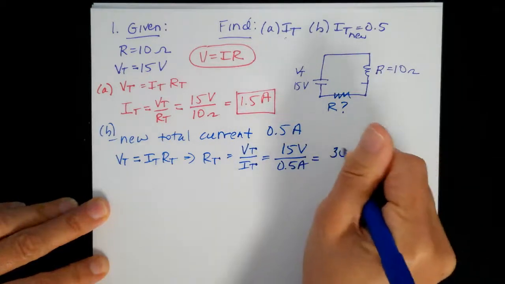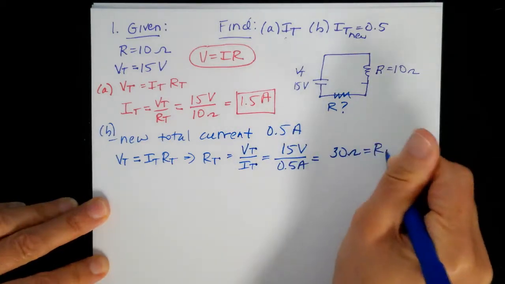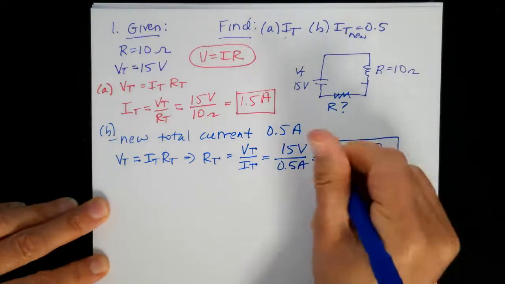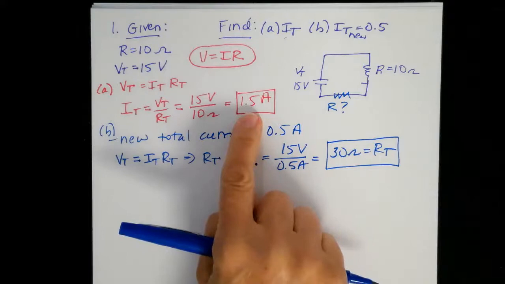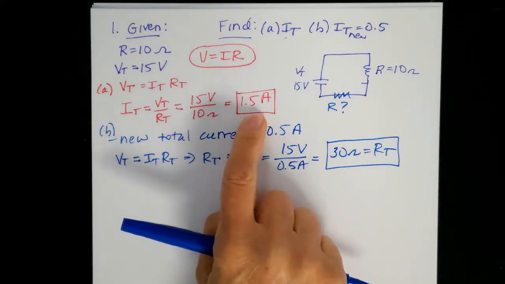So what I'm getting here is that my total resistance is 30. Now on the sheet, I know this says 2, but the reason that says 2 is the book did it in correct significant figures. I just want you to leave it at 1.5. Does everyone understand? Okay. So don't be concerned that the worksheet says 2. Now remember, if you're taking a standardized test, they're always going to have the correct answers in correct significant figures.